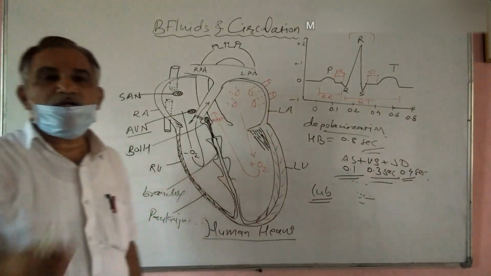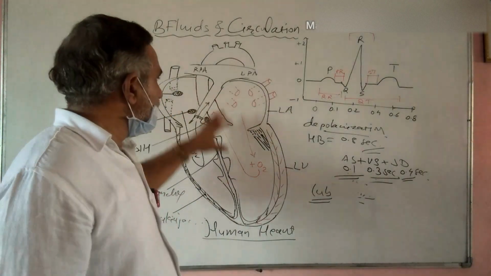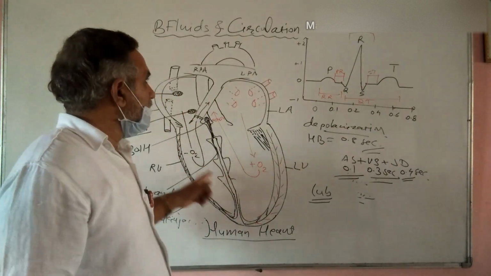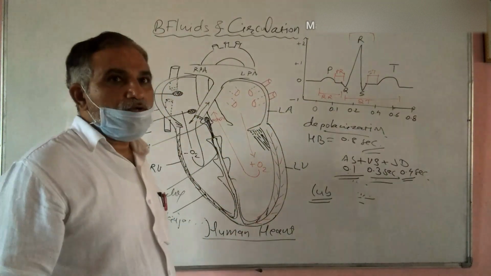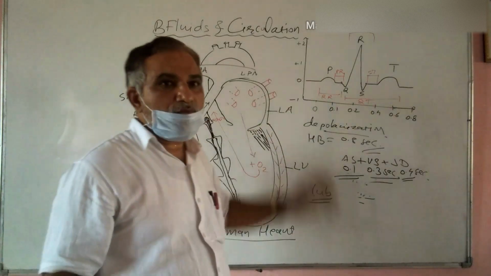So this is a little bit of the story regarding the internal structure of the heart as well as the working of the heart. Then the working of the heart can be noticed with the help of the ECG.